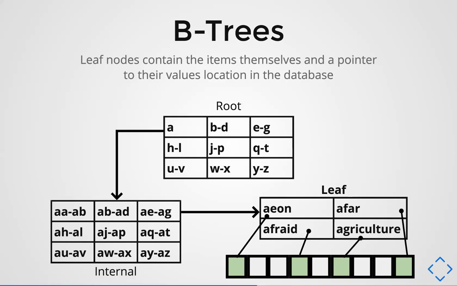I'll follow the root node to its child for A. I'll follow the first internal node to its child for AE through AG, because agriculture starts with AG. Then when I get to the leaf node, I have to perform a search. It could be linear, but more commonly it's a binary search within that leaf node itself for the word agriculture. And when I find that word in the leaf node, that will tell me where to go in the actual underlying database table. Okay.